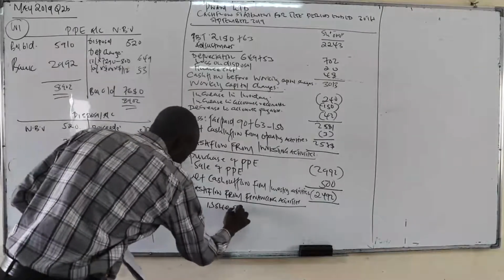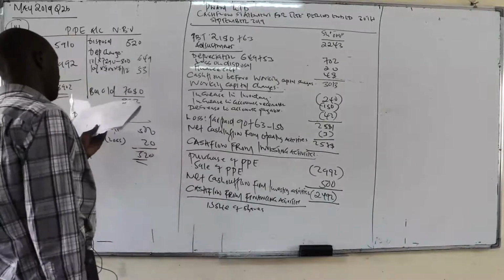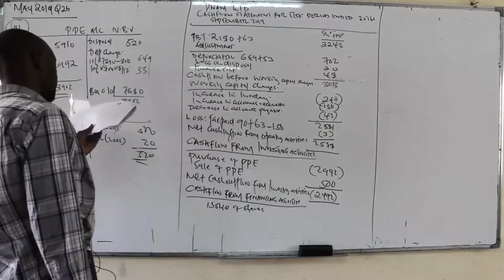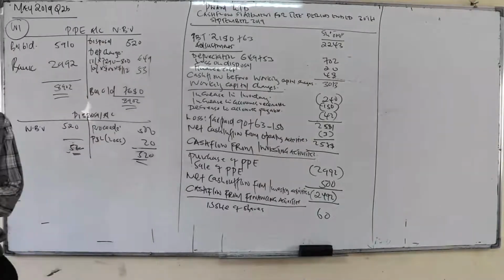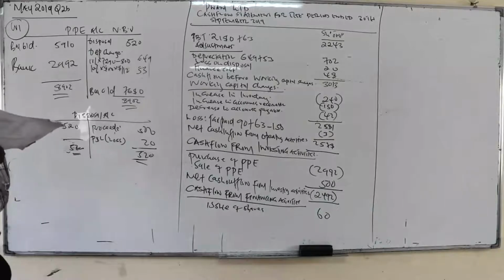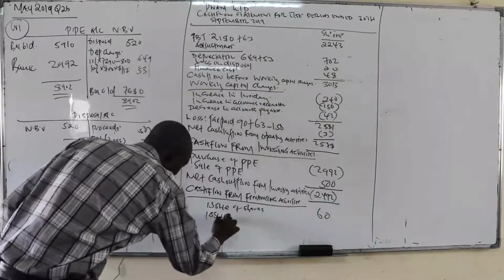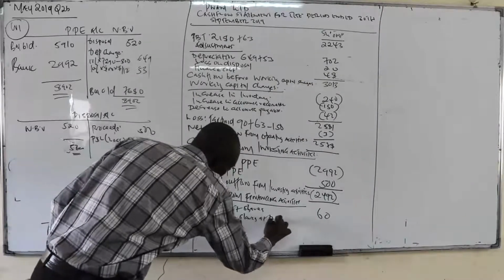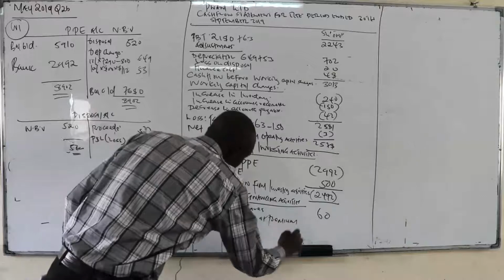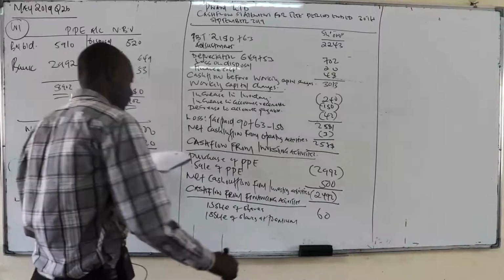How much? 60. That is an inflow. We're comparing last year's figure and this year. There's an increment of 60. That is an inflow. Issue of shares at premium, 75. That is an inflow.